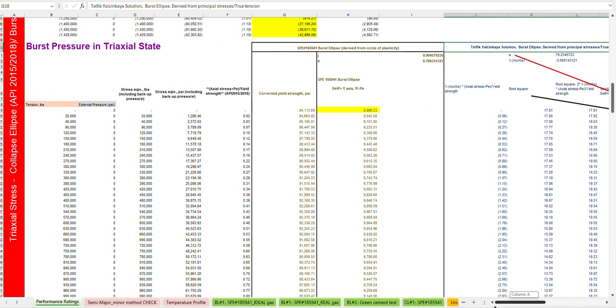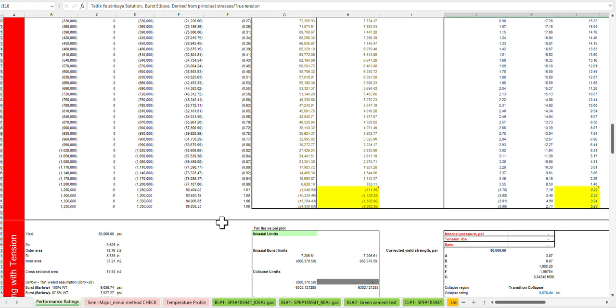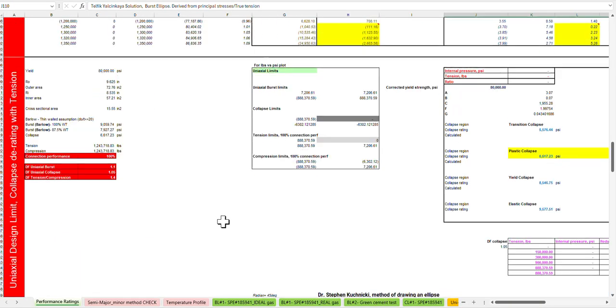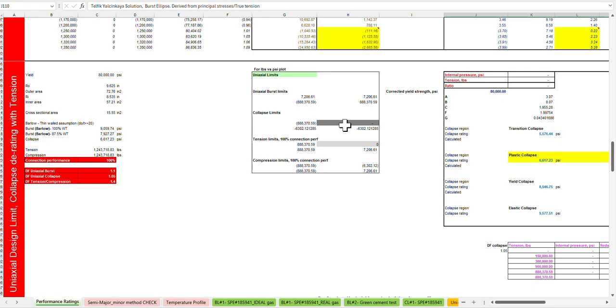So that's very good. And then on the next one I have the uniaxial design limit. I put this in a box so that I could pull the limits to draw the uniaxial limits in the plot format. I could set these up, and let's say, for example, if I say 1.2 over here, then you could see all the performance limits are going to change.